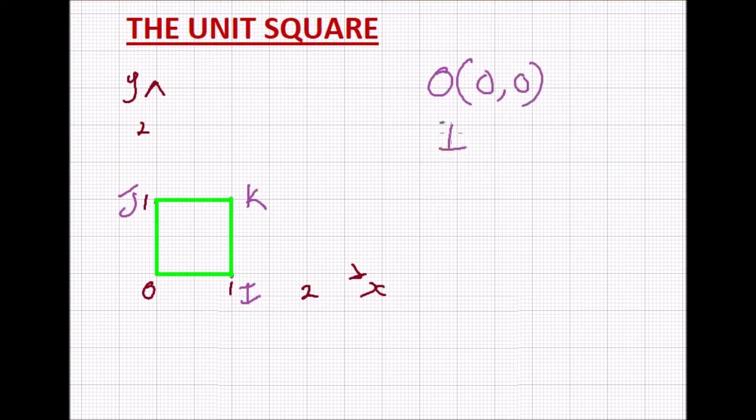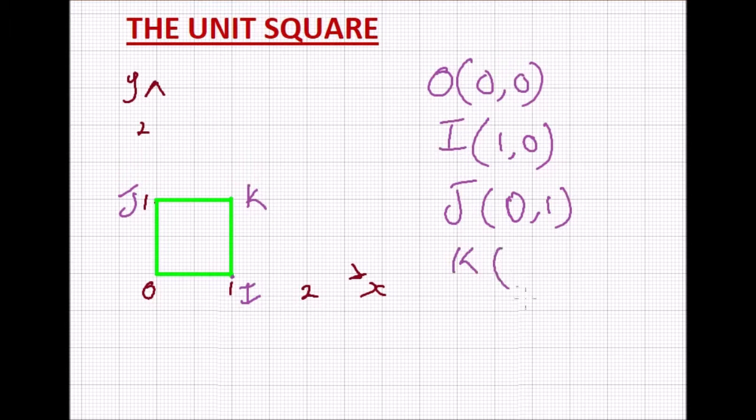Then we have I. The coordinates of I is 1, 0. And the coordinates of J are 0, 1. And the coordinates of K are 1, 1. So this is 1, 0. This is 1, 1. This is 0, 1. And of course we have the origin. So those are the coordinates of a unit square.